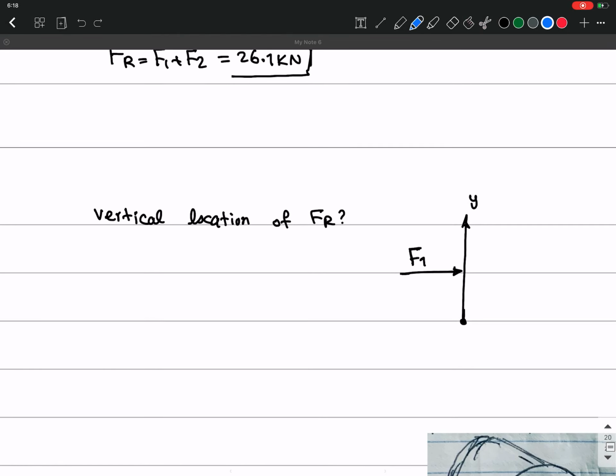So this one acts, if this is the O at the bottom of that, at 0.5 meter. So let me do it here. This acts at 3 meters.